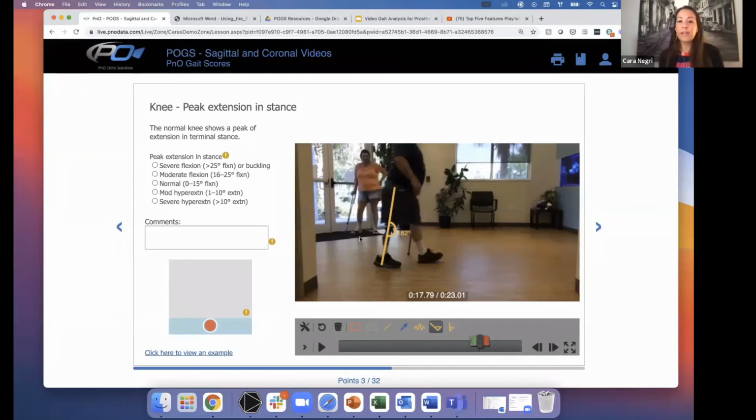It's best also to take your measurements as close to the middle of the screen as possible rather than over here, because your measurements would not be accurate over here versus in the middle of the screen. Again, I'm using the tools to assist my clinical observations and my judgments, not as an absolute. So also, if I see a measurement that doesn't seem to make sense, I might actually measure a couple of times just to make sure that I didn't put it off in a different area.